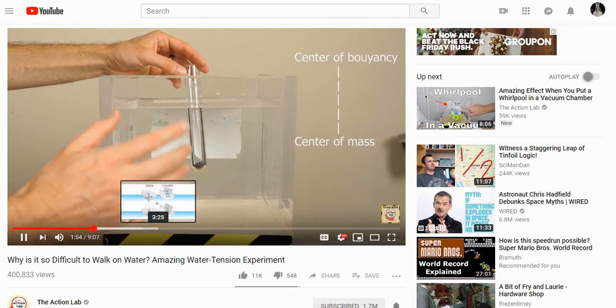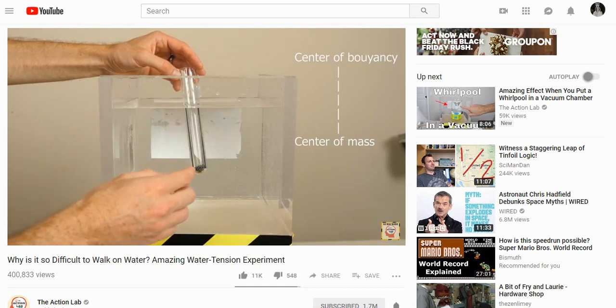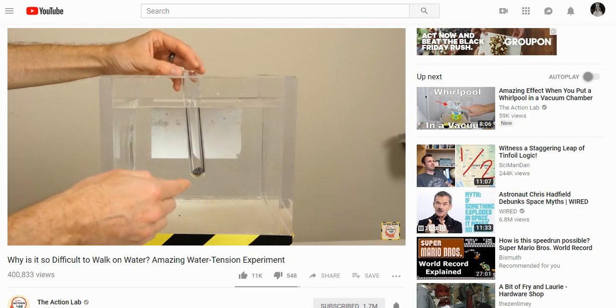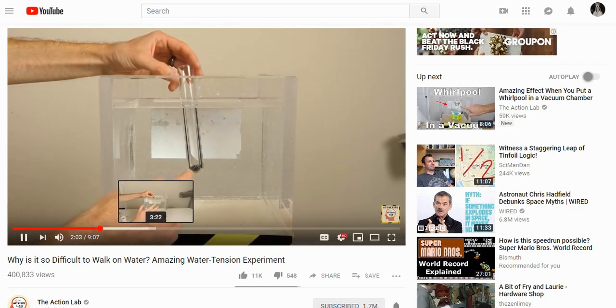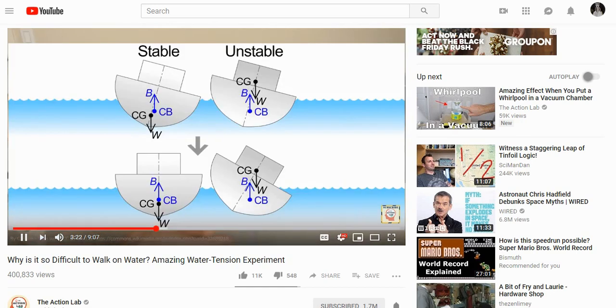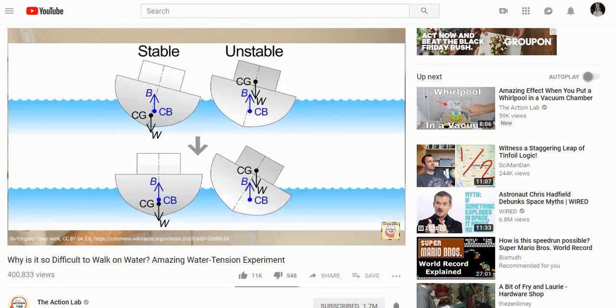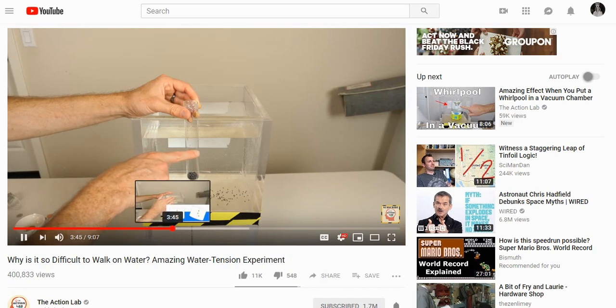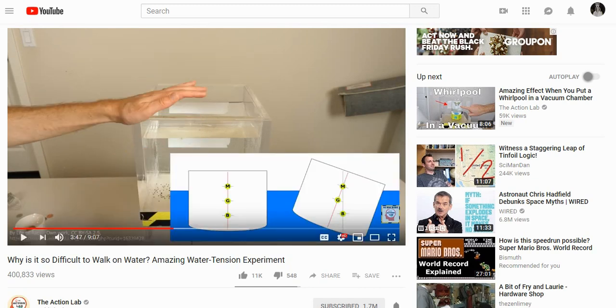is because of this. You've got the center of buoyancy and the center of mass. One is higher than the other. And the video is very good at explaining this. And that's why you get some boats that are stable and some that are unstable. So this is essentially it. You've got your center of buoyancy and your center of mass or gravity, and they're trying to line up.